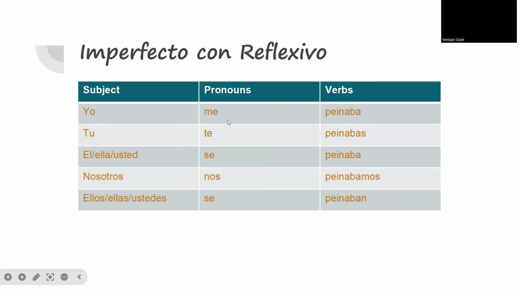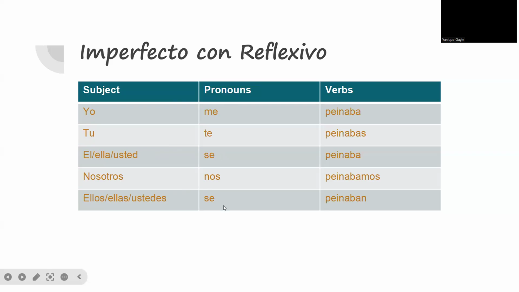In the imperfecto, we can also use reflexive pronouns. Throughout this course, at the beginning, we saw the reflexive pronouns. I'm going to mention them again. So when you're talking about I, we use me, you, te, he, she, it, se, we, nos, they, se. So these are the reflexive pronouns.